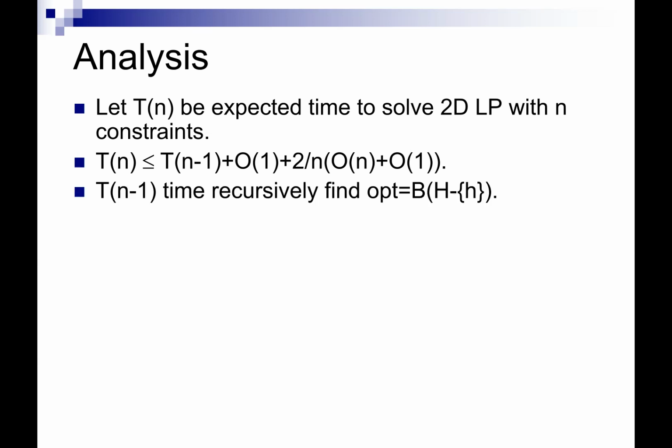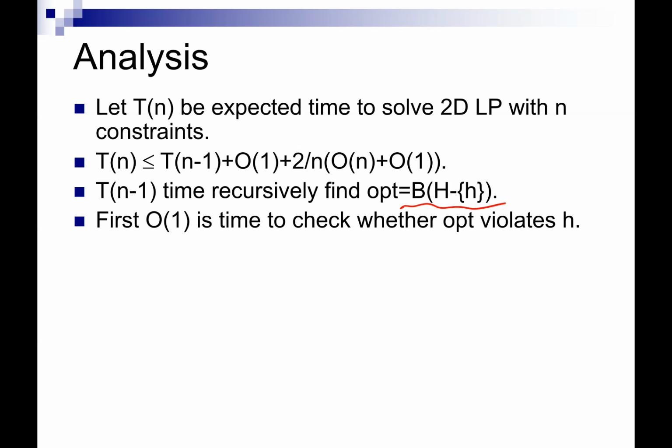The reason is that in order to solve this LP with n constraints, we first randomly removed one of these constraints, little h, and then recursively solve the problem with that constraint taken out. So there are n minus 1 constraints, and therefore it's going to be T of n minus 1 to recursively find the optimum for this one.